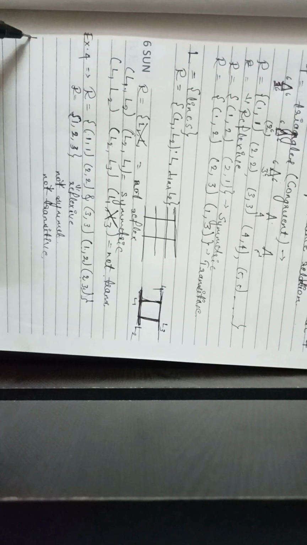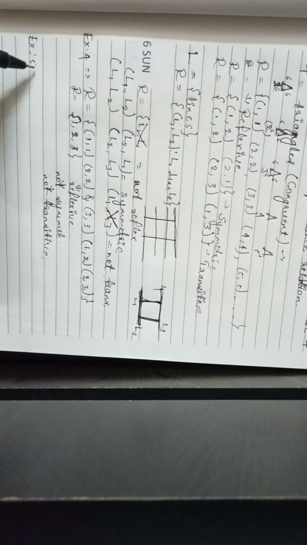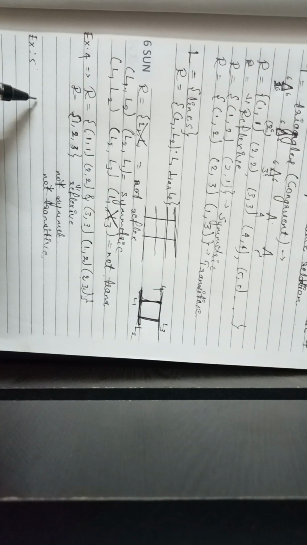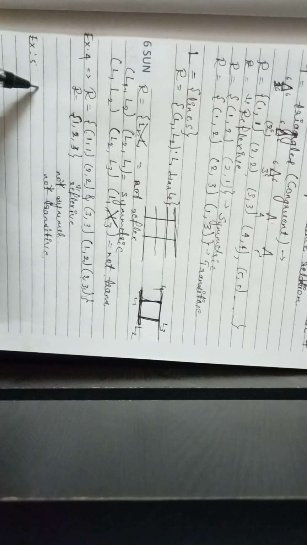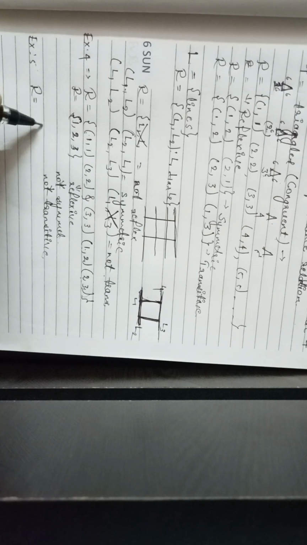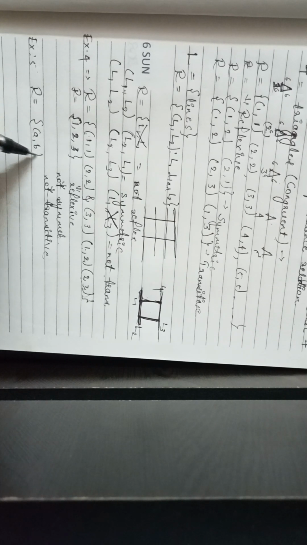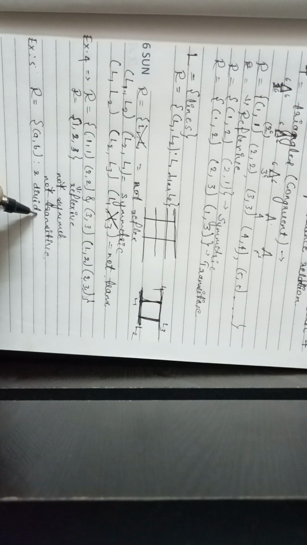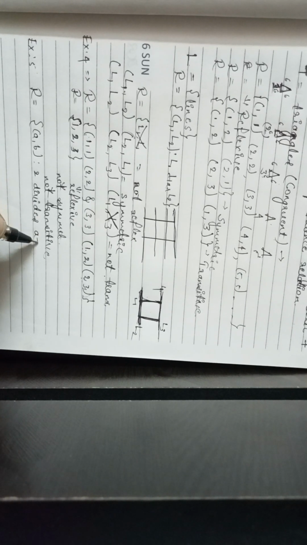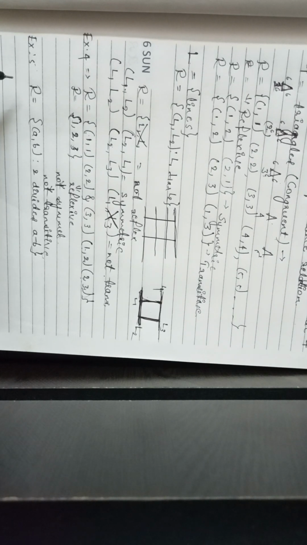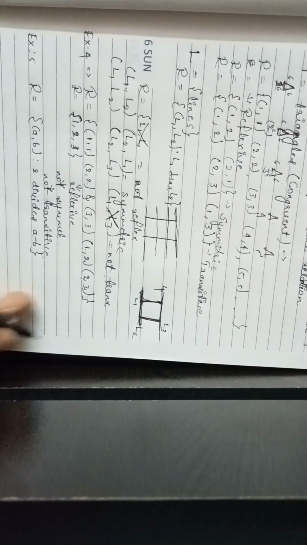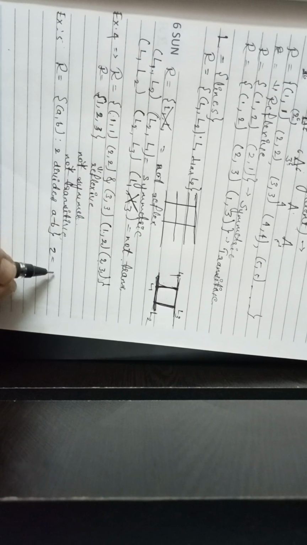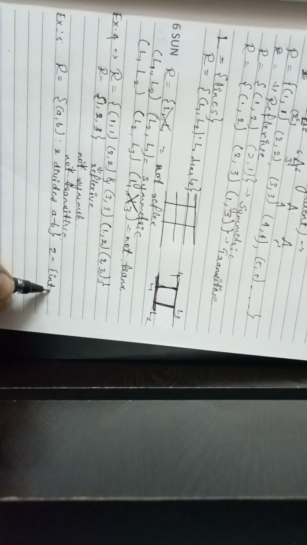Now I'll go with the next example, that is example number 5. In this there is one relation R is equal to A comma B such that 2 divides A minus B, and Z is the set of all integers.